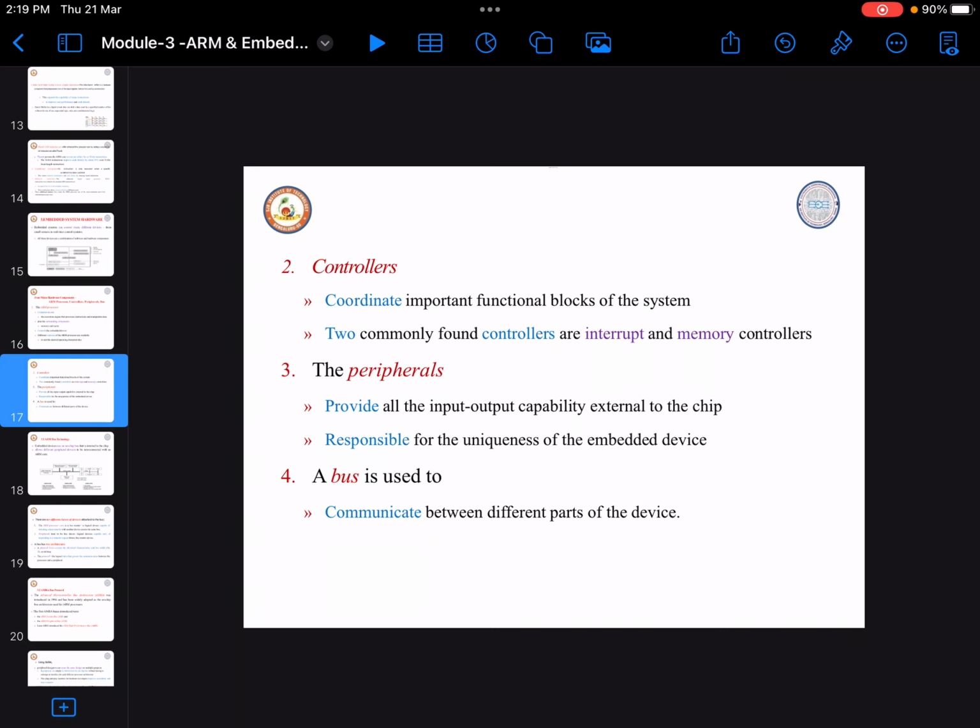The peripherals provide the input output capability external to the chip, and they are responsible for the uniqueness of the embedded device. Depending upon how many peripherals you can connect, your embedded system will have major applications. Then you have a bus, which is used to communicate between the different parts of the device.